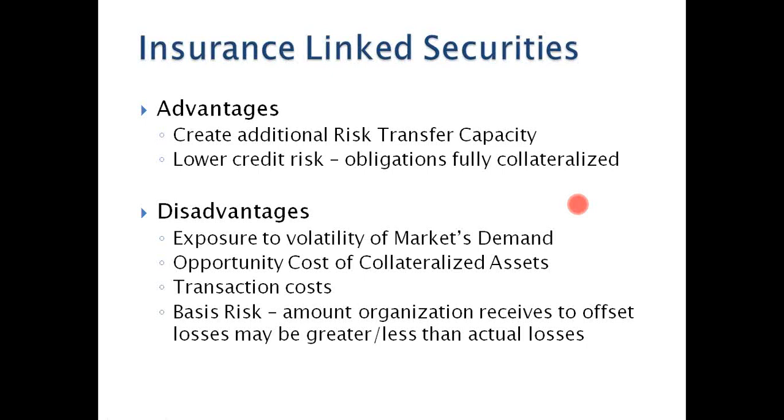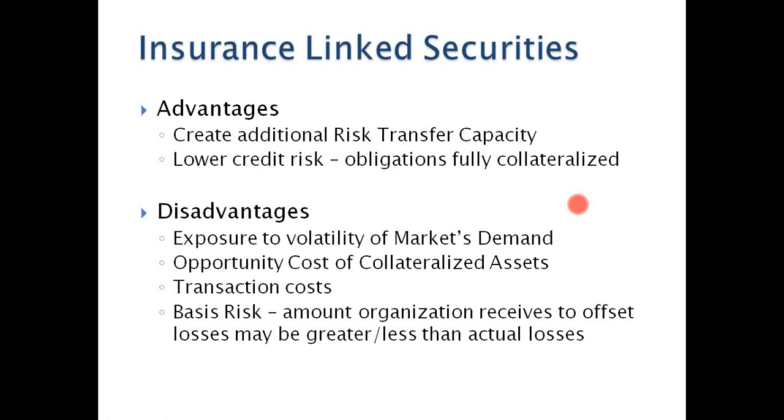So that money, the $1 billion, is sitting there to pay for the potential claims. And it's still going to earn some interest as well. But the idea is that the credit risk of people not paying, like people not making their mortgage payment or other types of things, is reduced because they already have cash in hand when they have an insurance-linked security.